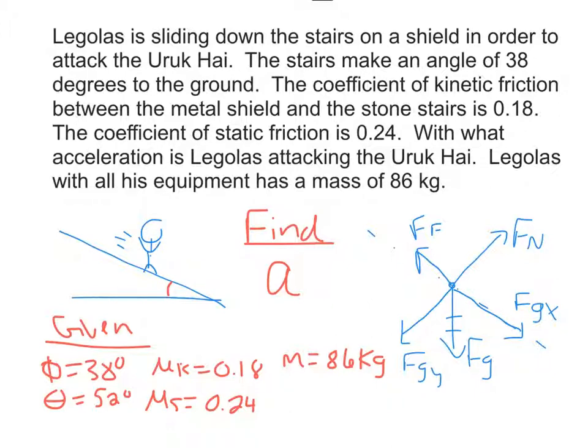We're looking for acceleration, so we need to use the force diagram to figure out what his net force is. From the force diagram, right minus left, and this is to the right of the incline, we know that F net is going to equal FGX minus FF.